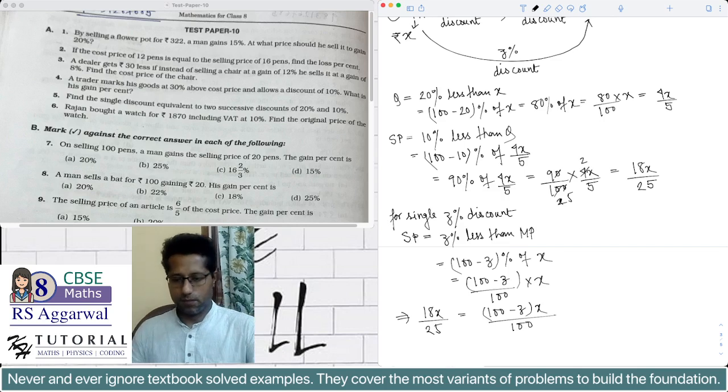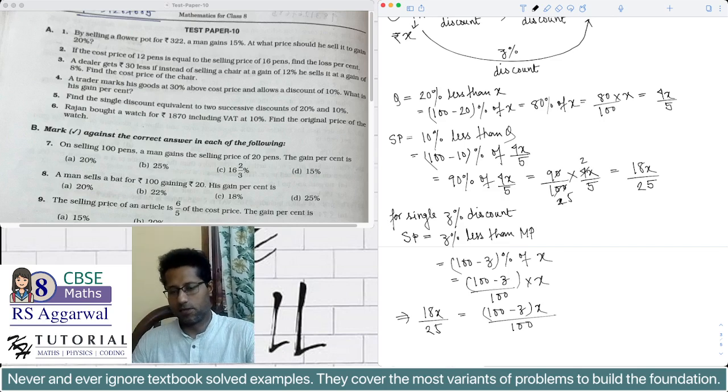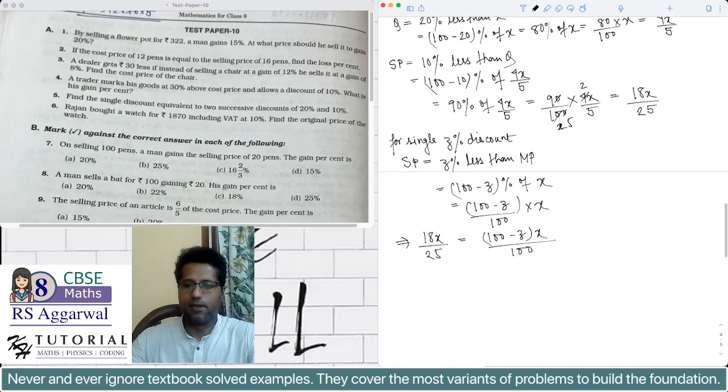Now we can cancel. Okay, so definitely X cancels out, and we can also cancel the common factor of 25 from the denominators of both the sides, and we have 4.